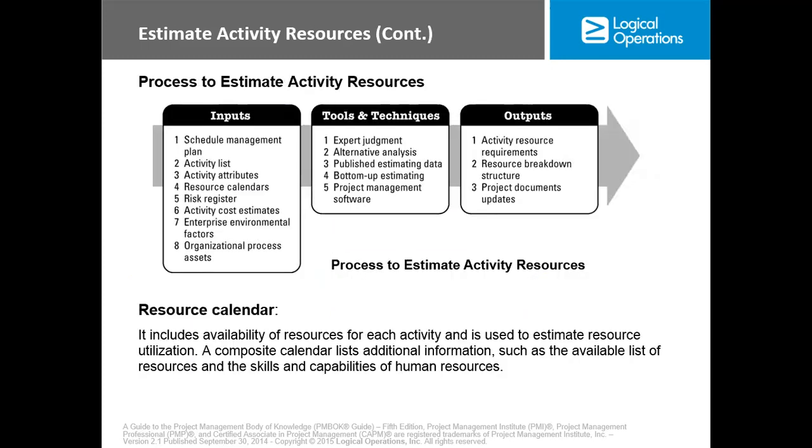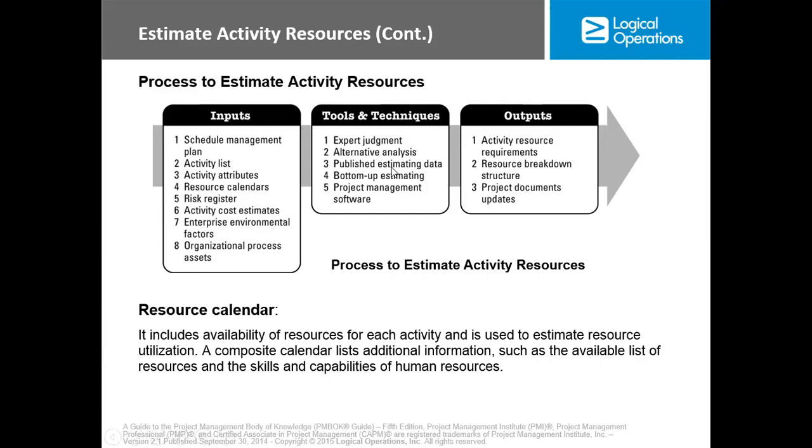So the process has input, tools and techniques, and output. Input: you have the schedule management plan, activity list, activity attributes, resource calendar, risk register, activity cost estimate, enterprise environmental factors, and organizational process assets. Some of these things have already been treated, and things like the risk register will be treated in a further video, while some of them that have not been treated and are relevant for this process will be handled here.